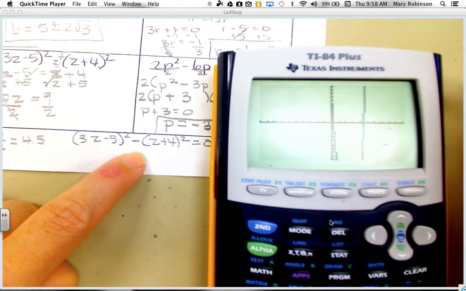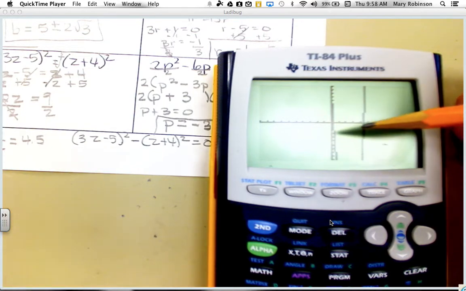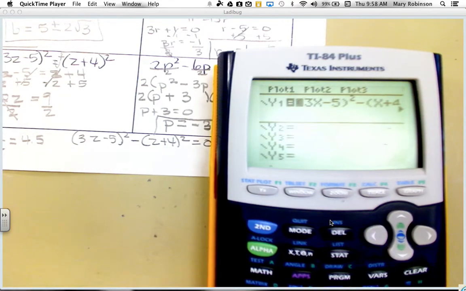Is that a z? Yeah, it's an x. If you hit zoom 6, it should. Hit zoom 6. All right, so it needs to look like this. Everybody check your neighbor, make sure they have it typed in right.